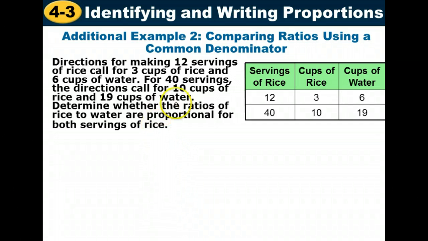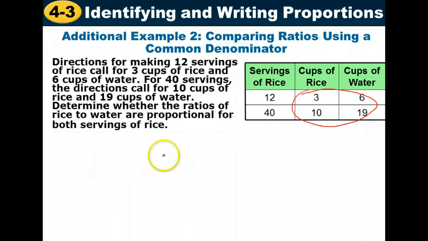Okay, so if I'm going to make 12 servings, here they want us to compare the servings: for 12, 3 to 6, and for 40 people, 10 to 19, to see if those two are proportional.